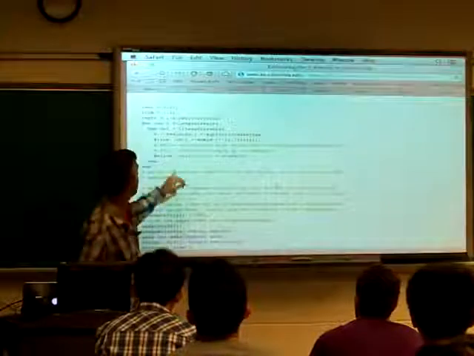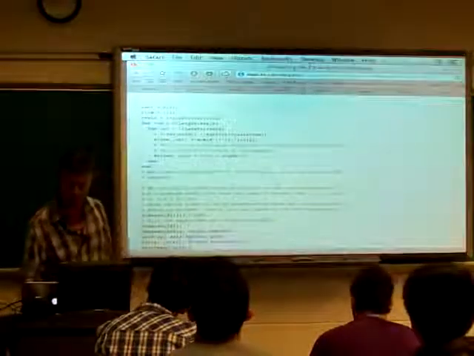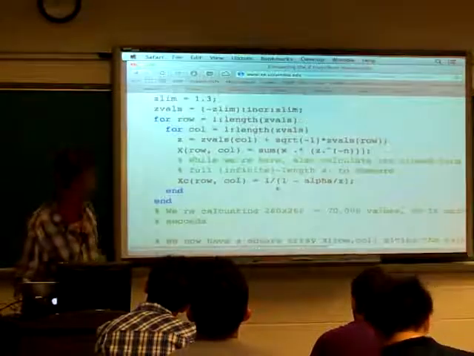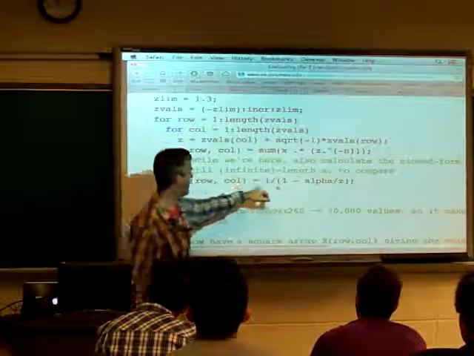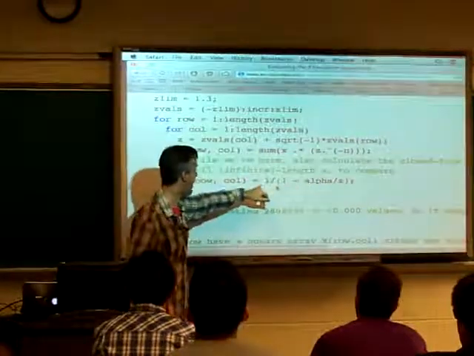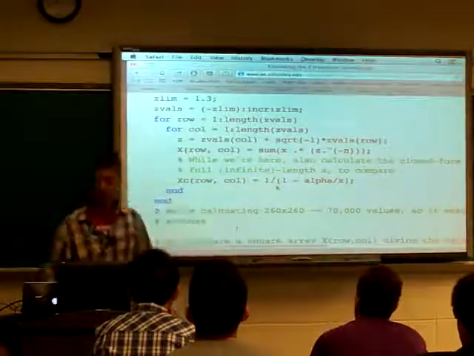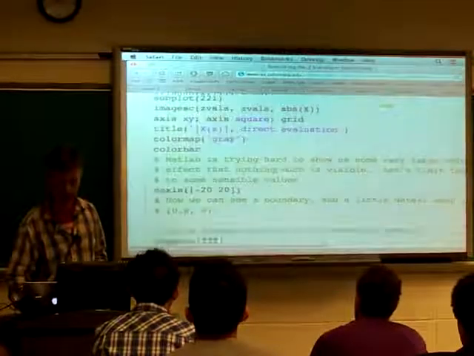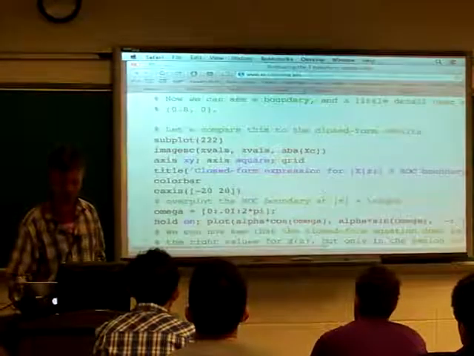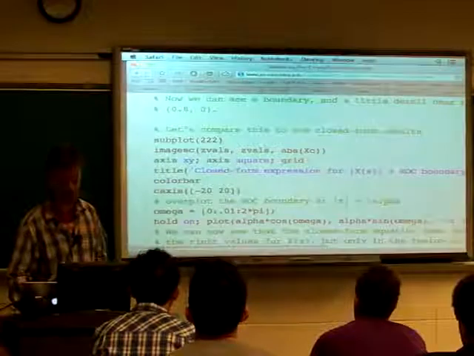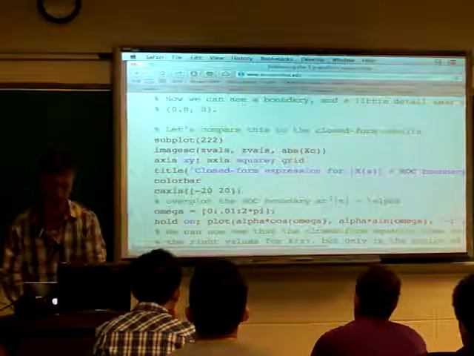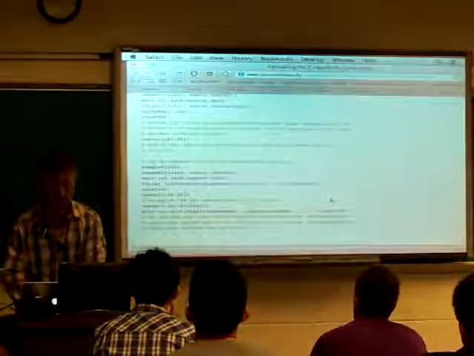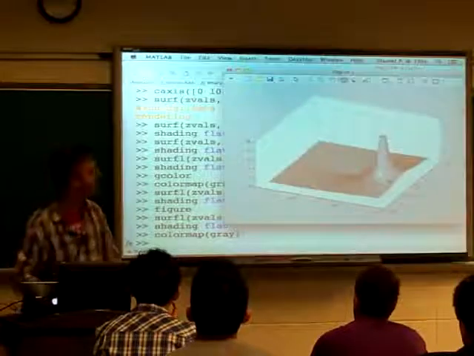I just ran through all these possible values of Z, filled in the closed form expression, and evaluated it. Then, to plot that surface, I'm just plotting the absolute value of this, and I just chopped it off if it gets too large. So it's just plotting that value, but it has this nice behavior.